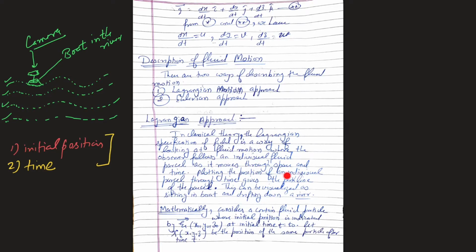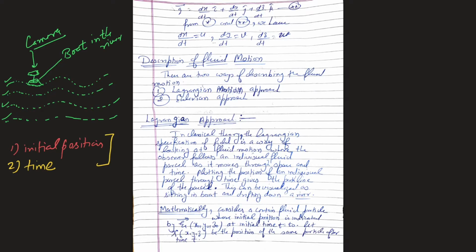Plotting the position of individual parcel through time gives the path line of the parcel. So if you plot the path followed by this boat with the camera fixed, and that is recorded with the camera, that will give the path line of that parcel. This can be visualized as sitting in a boat and drifting down a river.